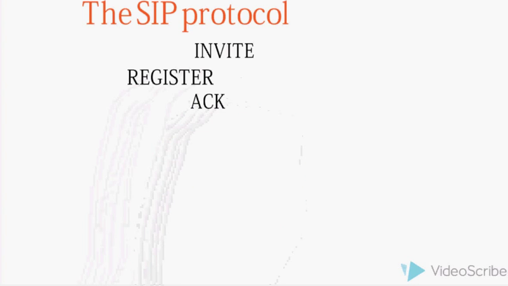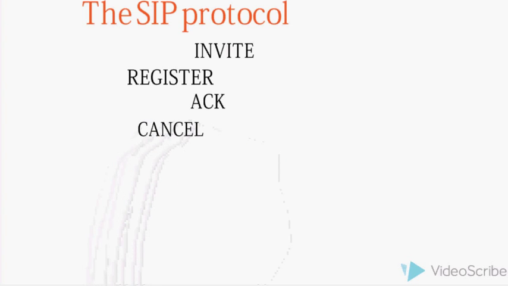And we have ACK, acknowledge. The acknowledge message is sent from one user agent to another in order to confirm receipt of a message. The ACK message is usually the third part of a 3-part process, indicating that the handshake is completed between two user agents and the media portion of the call can begin.